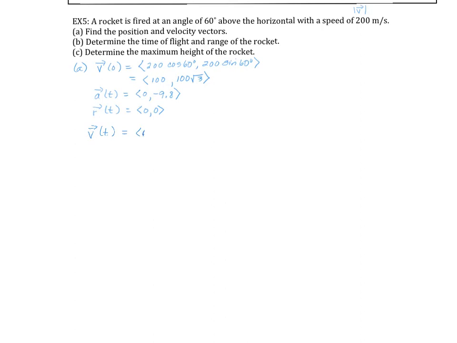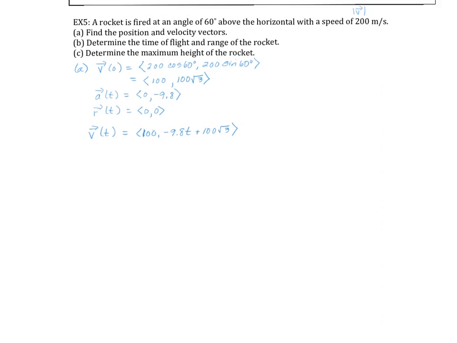equal to 100, because that would be the u sub 0. And then we're going to have negative gravity, 9.8 t, plus the u sub 0, which would be 100 square root of 3. So we could use the definitions that we had before with the velocity and our position vectors.